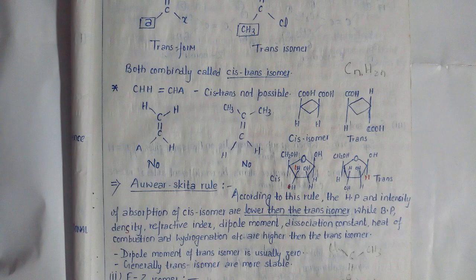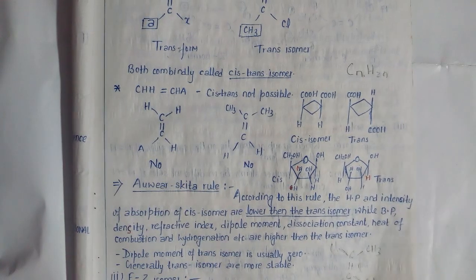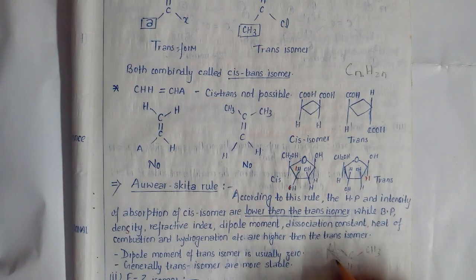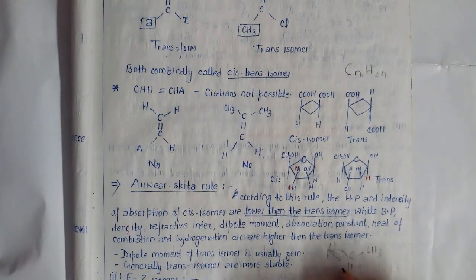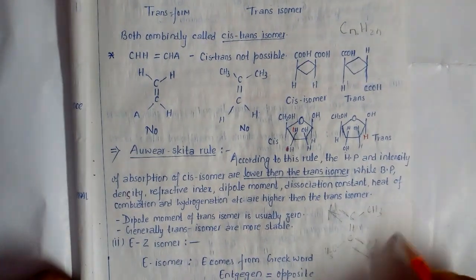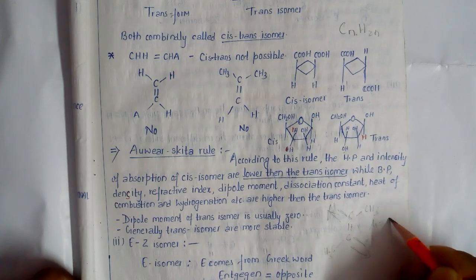In this case, the trans isomer's net dipole moment, this is the net dipole moment, is equal in magnitude and opposite in direction. It can be cancelled out easily, and so the net dipole moment is 0.